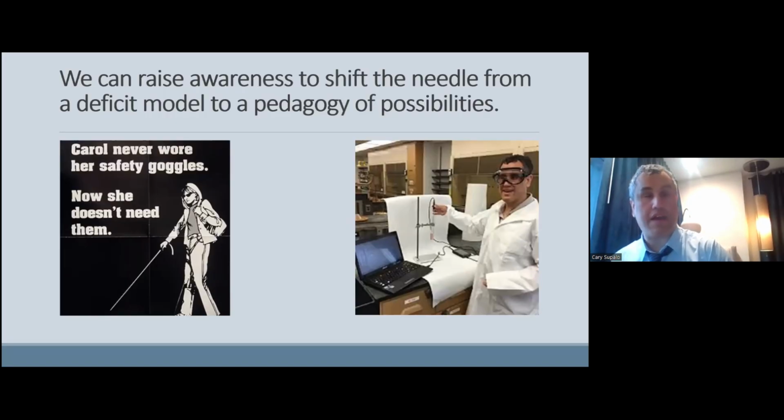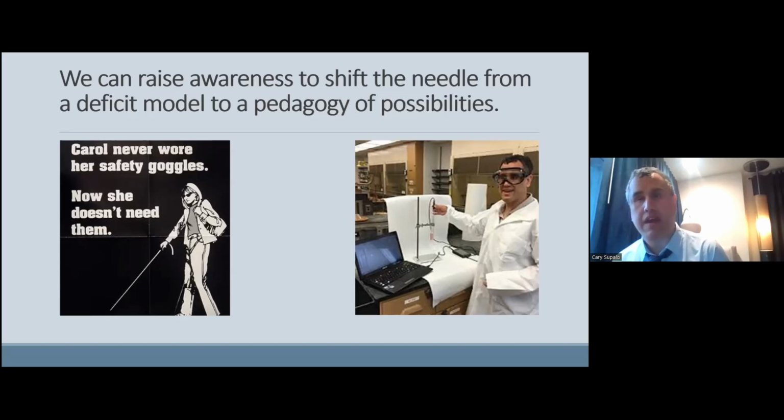So to that end, here's a second picture that shows a comparison. And this Carol poster, I think, hints at a deficit model of, okay, lacking vision means you lack ability to perform scientific exploration. And then on the right, there's a second picture.